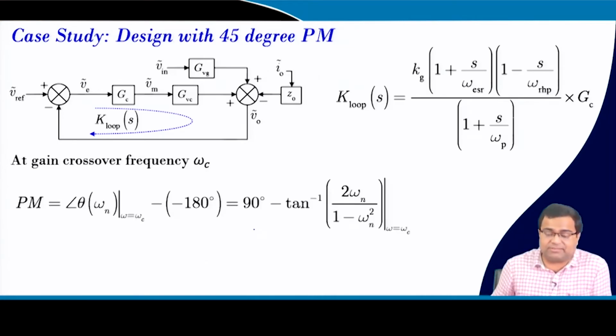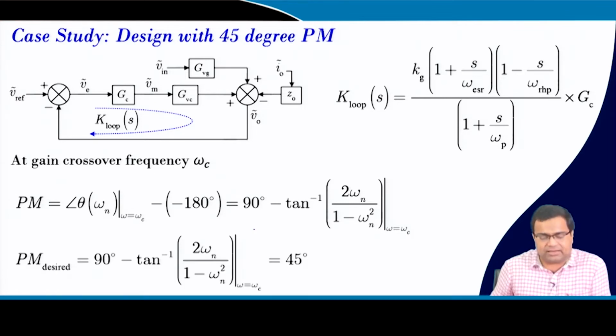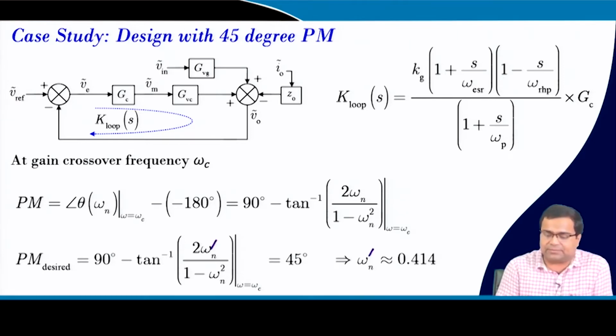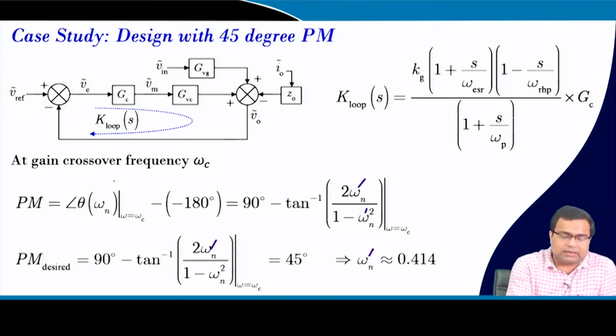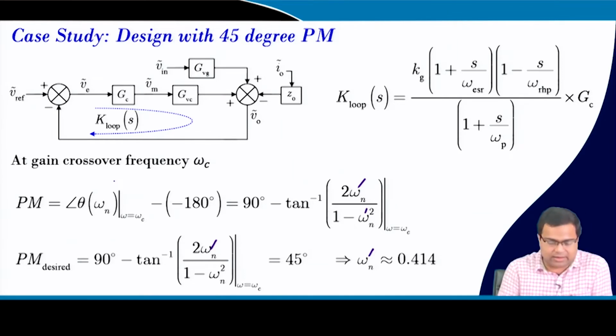If we set 45 degree phase margin, then for the same process that we have discussed, the omega n dash, the dash that we have just discussed, which is omega n at omega c, that is omega n dash.